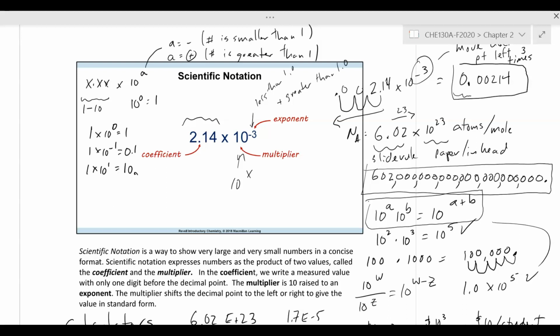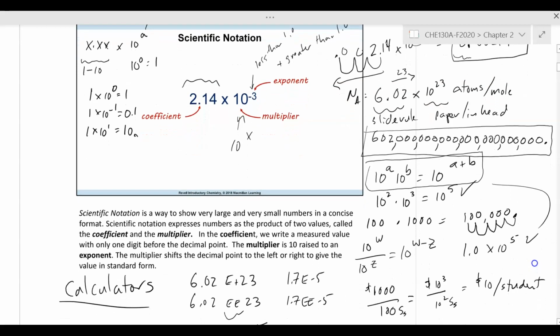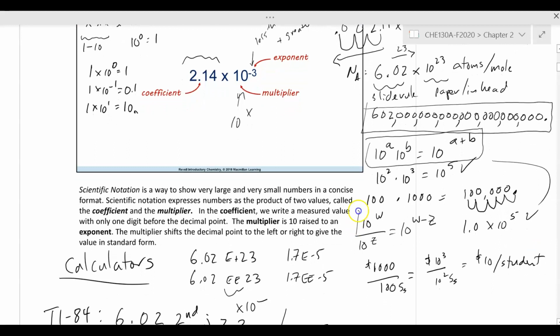So 10 to the second times 10 to the third is 10 to the fifth. So if I have 100 students pay me $1,000, that's $100,000, which is what 10 to the fifth is. If you divide, you subtract the exponents.